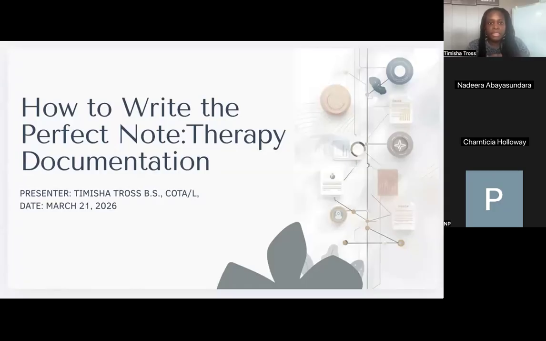Okay. So this is how to write the perfect note, occupational therapy documentation. I've been an occupational therapy practitioner since 2012. I mainly worked in skilled nursing facilities. I did travel therapy, and between travel therapy, per diem, and permanent positions, I covered probably about 25 buildings.